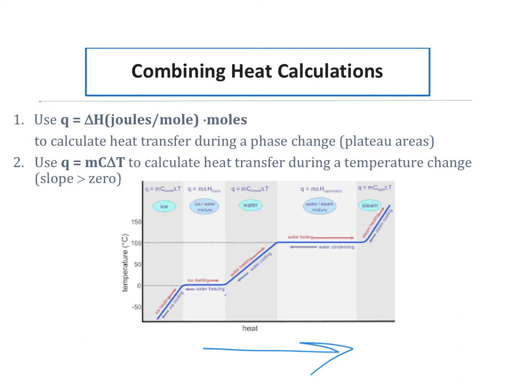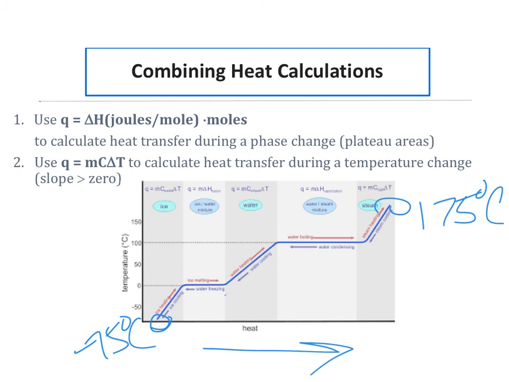Now, let's say that I asked you to calculate the total heat involved in heating a chunk of ice from minus 75 degrees Celsius all the way up to steam at 175 degrees Celsius. How would you do that?